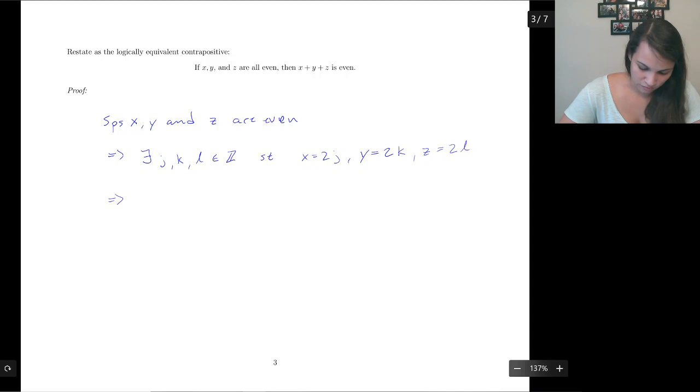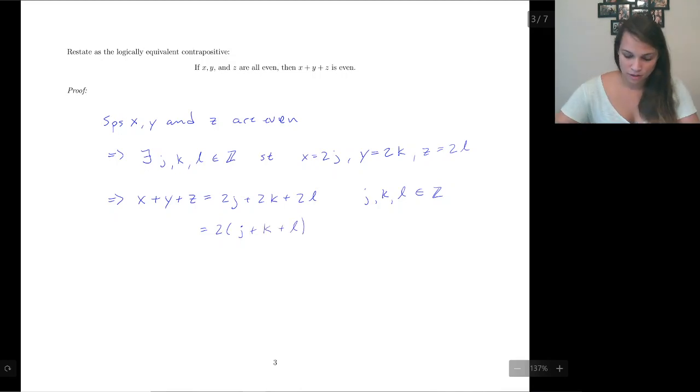So then if we look at the sum, we have 2j plus 2k plus 2l, and we can say that j, k, and l are all integers. And then I'm just going to chase the equivalence and say 2 times j plus k plus l. So now I factored out a 2, which means I have found my k-bar.